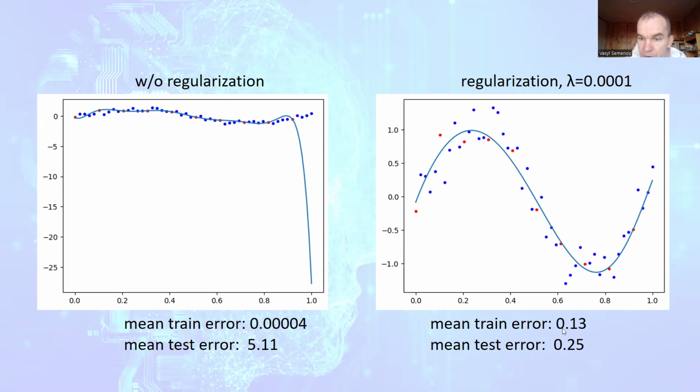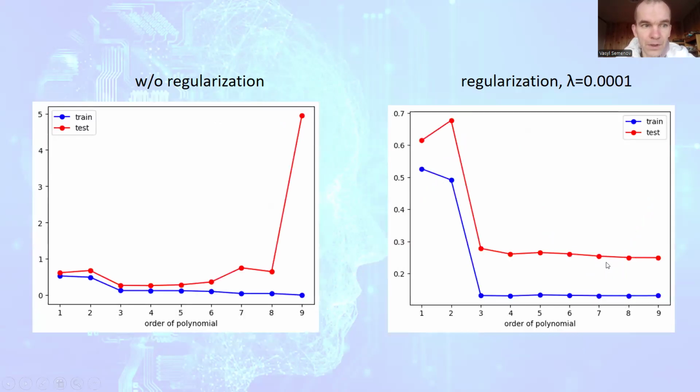Of course, training error also becomes higher, but nevertheless, this is a good compromise because we are interested in an algorithm which generalizes well, which works well both for training and test data. So this regularization provides quite a significant effect. And again, a plot of error without regularization and with regularization of lambda equal to 1/10,000.